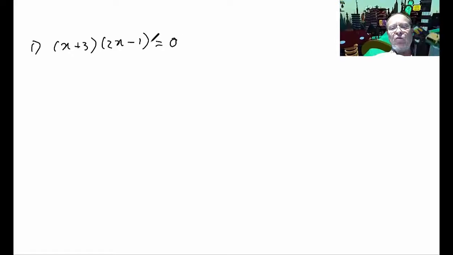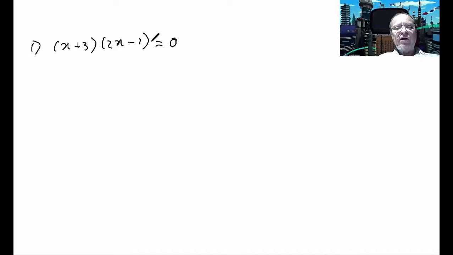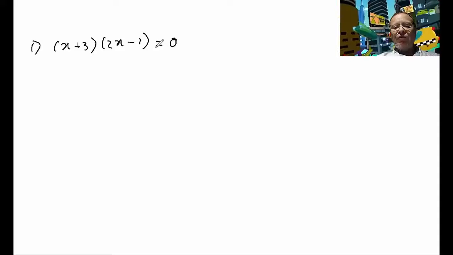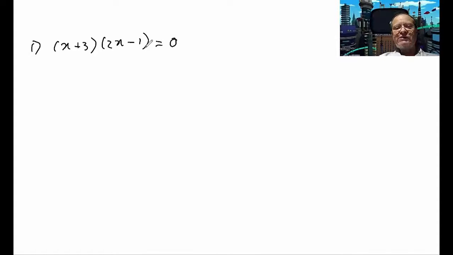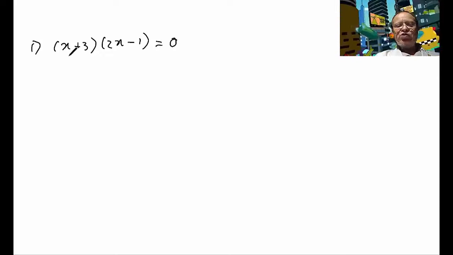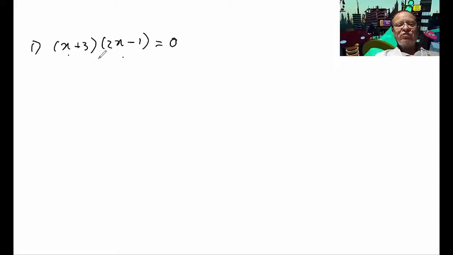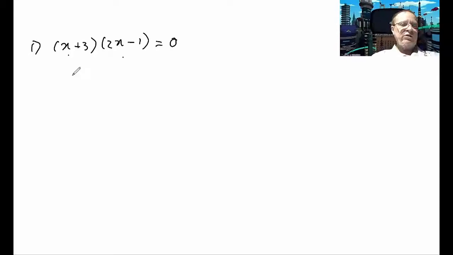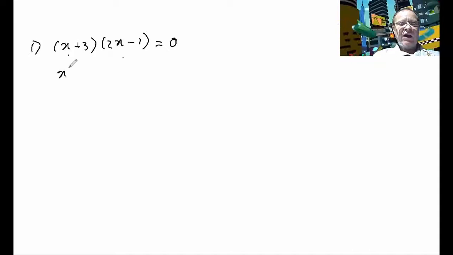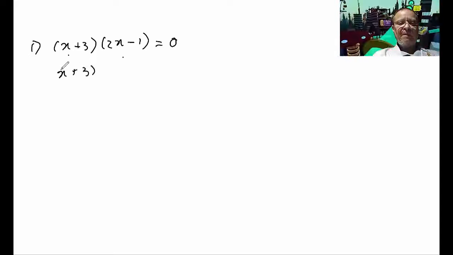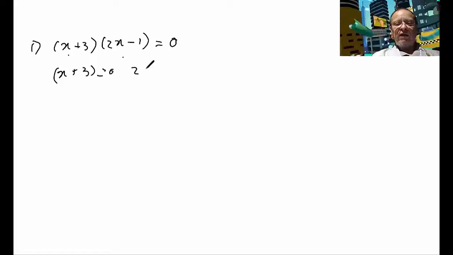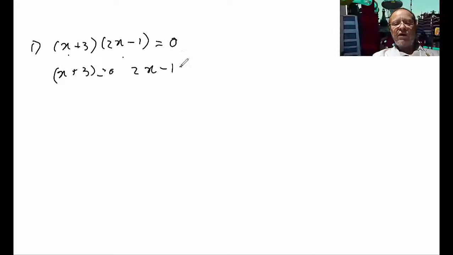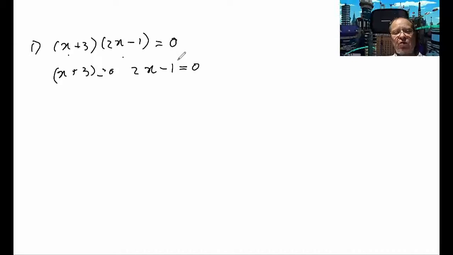Now remember what we said on the PowerPoint about when we're solving something. So here, as you see, something is equal to 0. That means each of these factors we're going to set equal to 0. So we have x plus 3 equal to 0, and we have 2x minus 1 equal to 0.